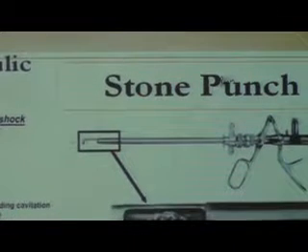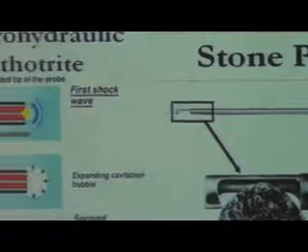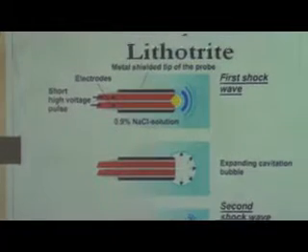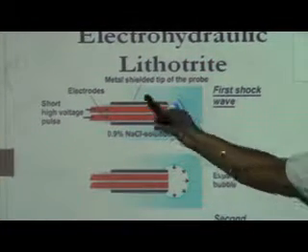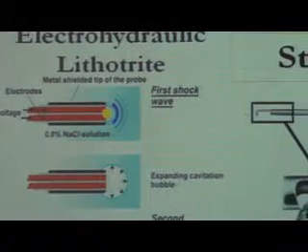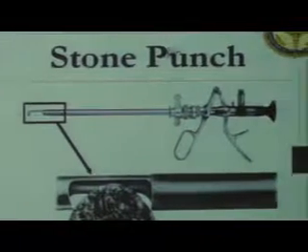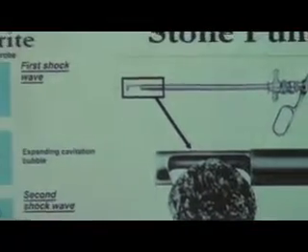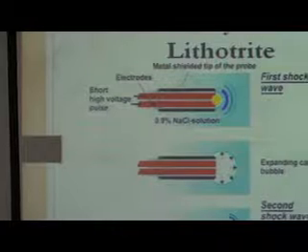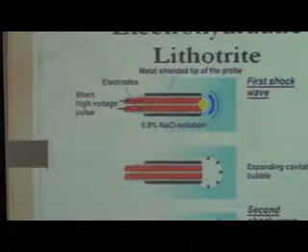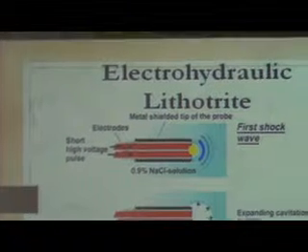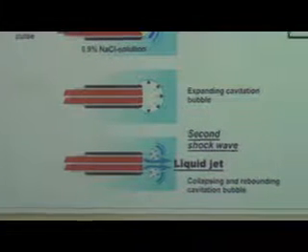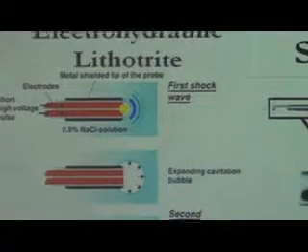And this is electrohydraulic lithotripsy, in which there is an electrode with a metal serrated tip of the probe, which is surrounded by 0.9% sodium chloride solution. In this system, if we provide a short high voltage pulse, there will be generation of a shock wave, and this shock wave causes an expanding cavitation bubble. Once the expanding cavitation bubble forms, we give a second shock, a second impulse.